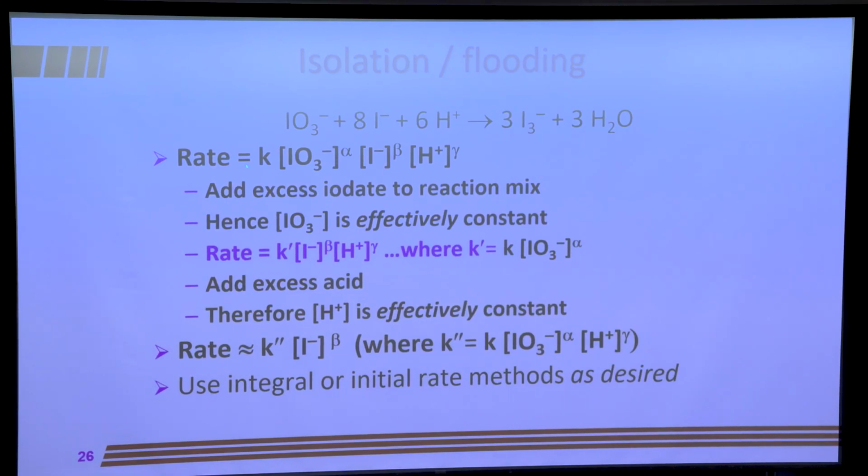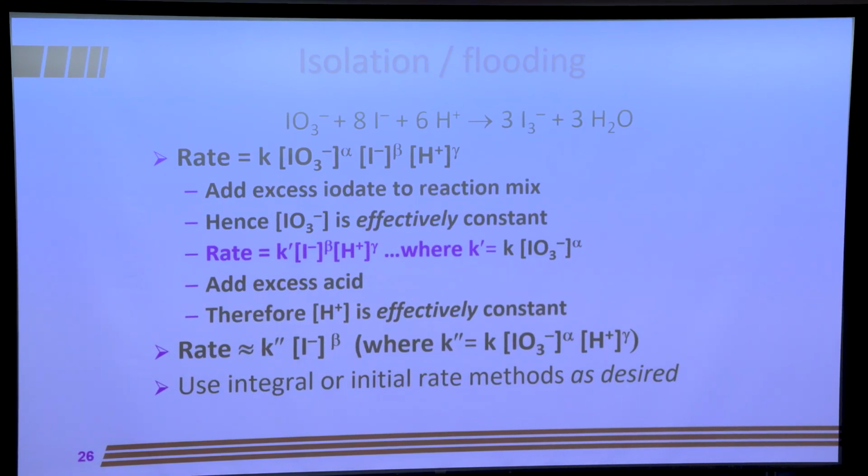And what you do is you plot the log of the rate versus the log of the concentration of I minus. And then you'll get beta, because log of rate is approximately equal to K double prime times beta times log I minus.